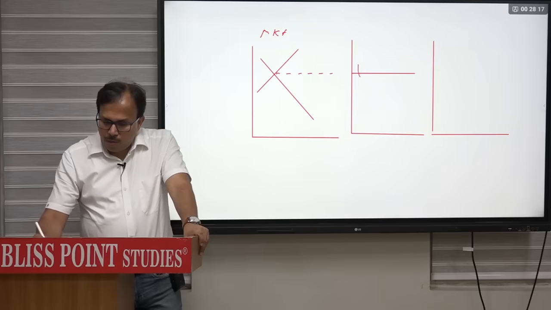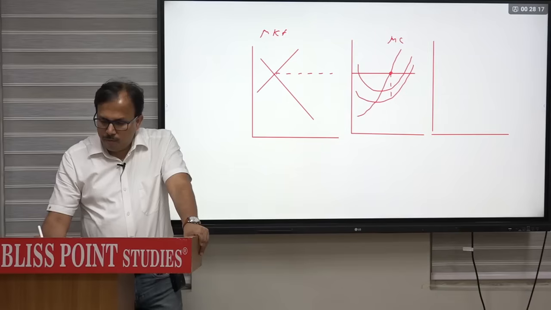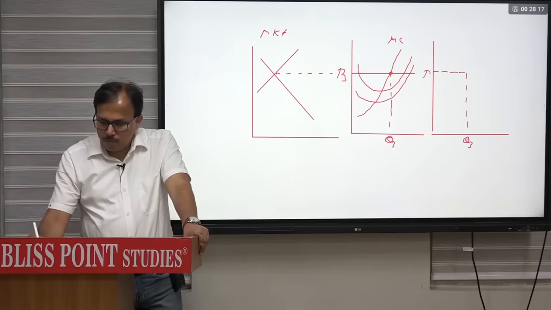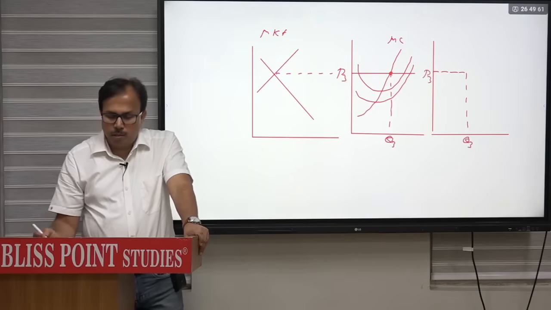You can draw the average cost curve, average variable cost curve. Passing through the minimum point you can draw marginal cost line. MC equal to MR here. Firm will produce quantity Q3 at price P3. So P3 and Q3 को mark करके you get 1 point. And firm is having profit.